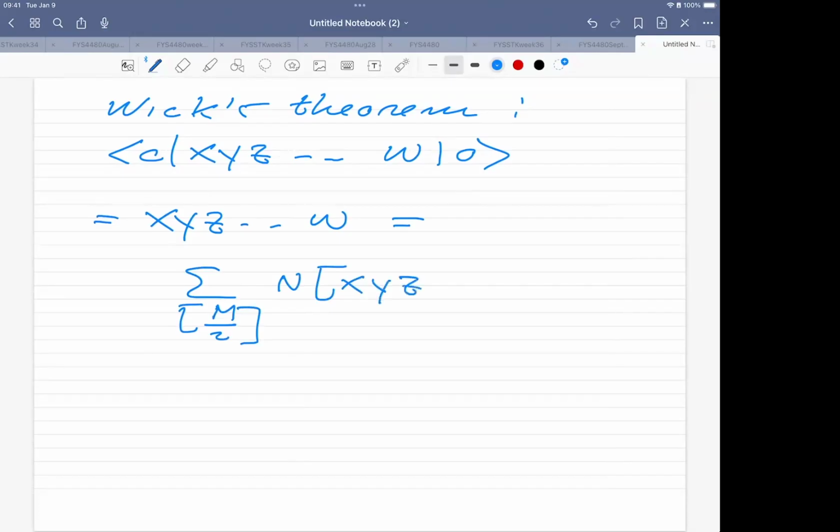This is the only non-zero term which survives, where all the operators are being contracted. So this is the only non-zero.